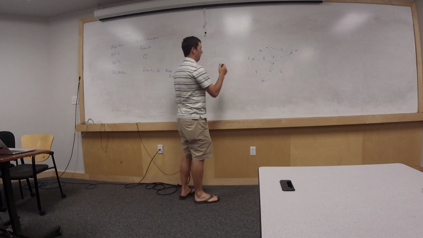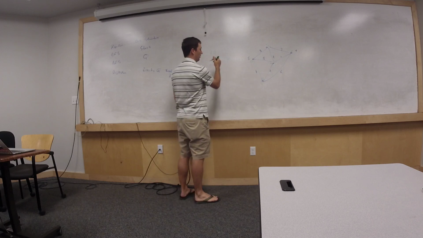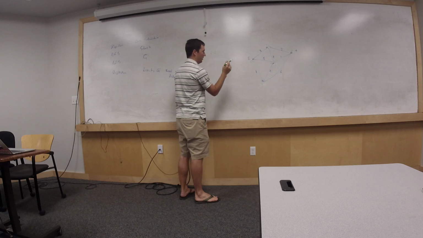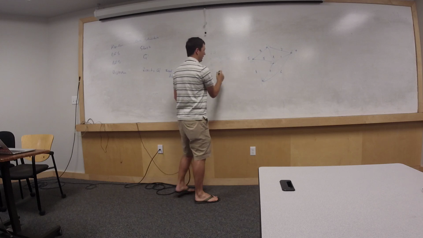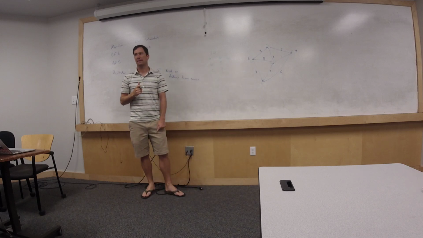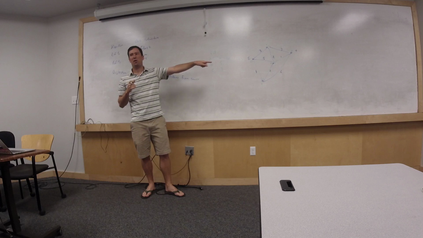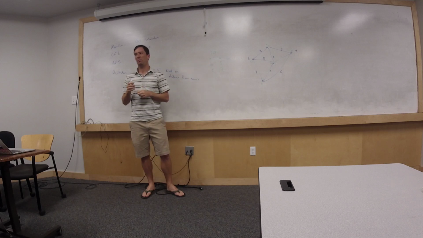So now I'm going to have A, 4, B, 5, C, 3 in here. Now I'm done looking at S. Also, when I update these, I'm going to update my previous.